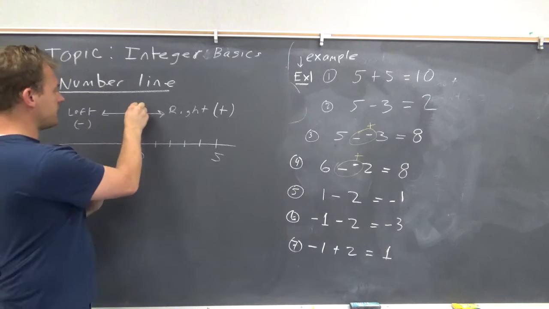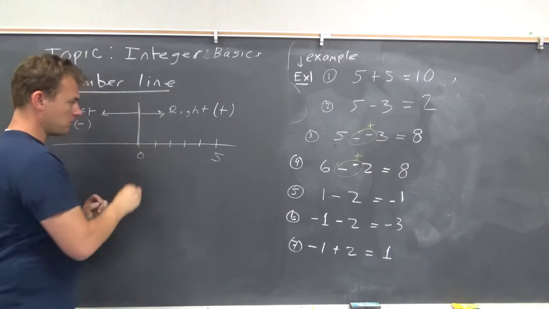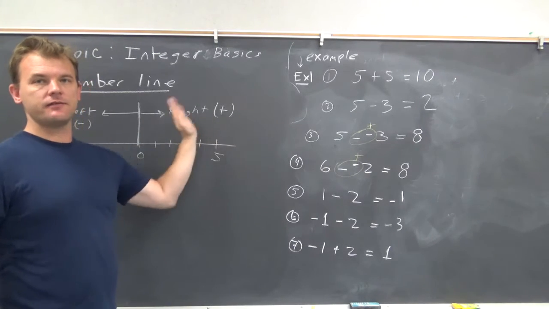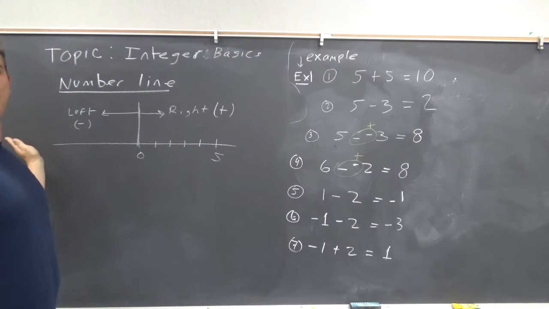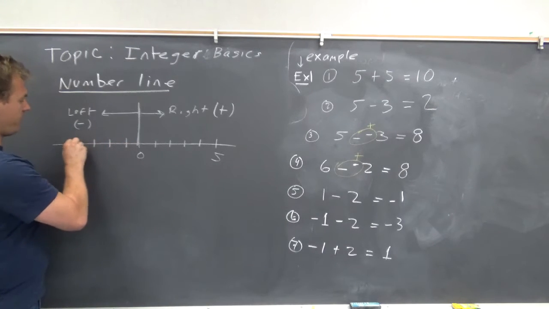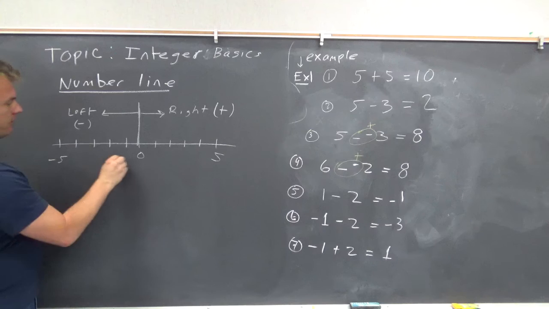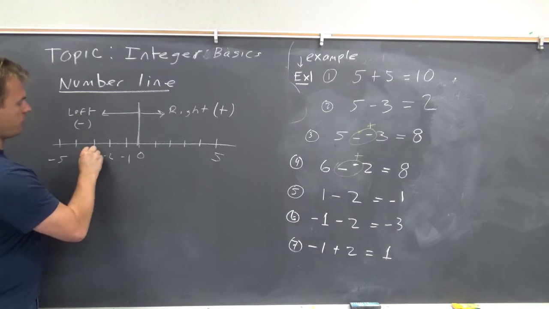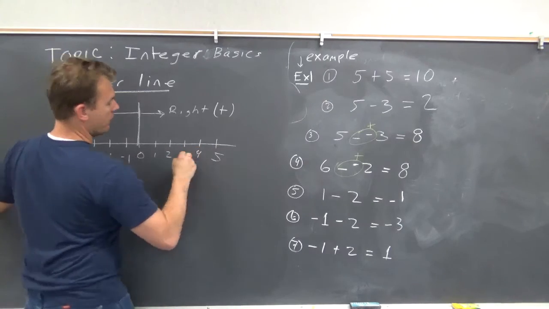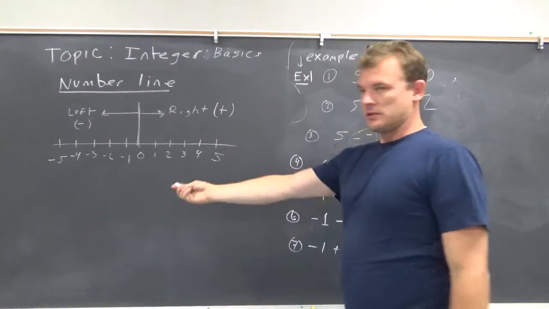Remember, you're focusing on 0. This way you're going positive. This way you're going negative, always. So this is 1, 2, 3, 4, 5. Negative 1, negative 2, negative 3, negative 4. Okay, so a simple number line.